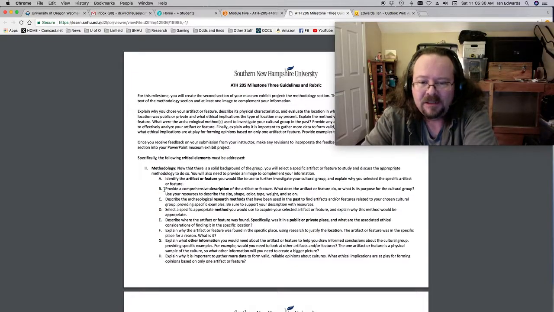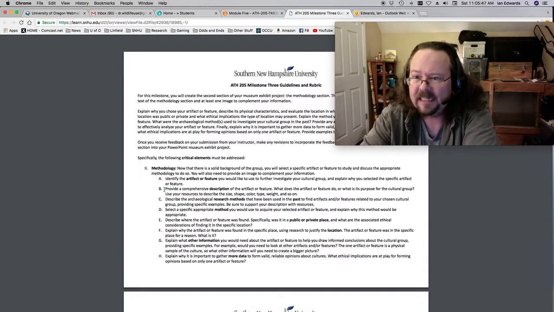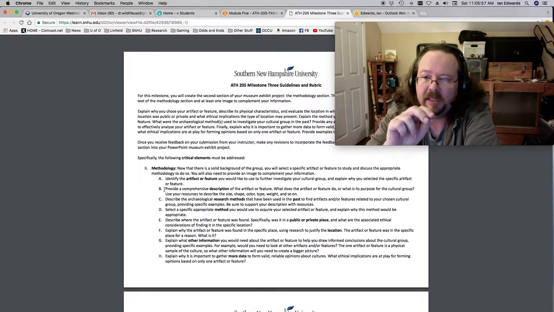So things you would address here are, what does the artifact or feature do? What was its purpose for the cultural group? Its functionality, its utility? What sort of social place did it have? What was the social relationship between the artifact and the cultural group?